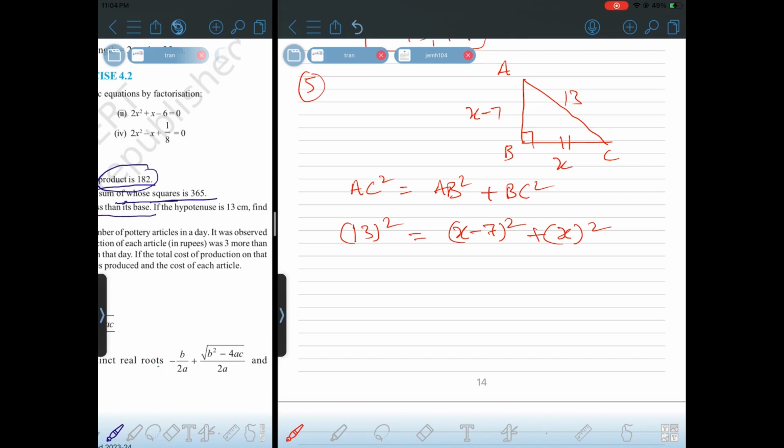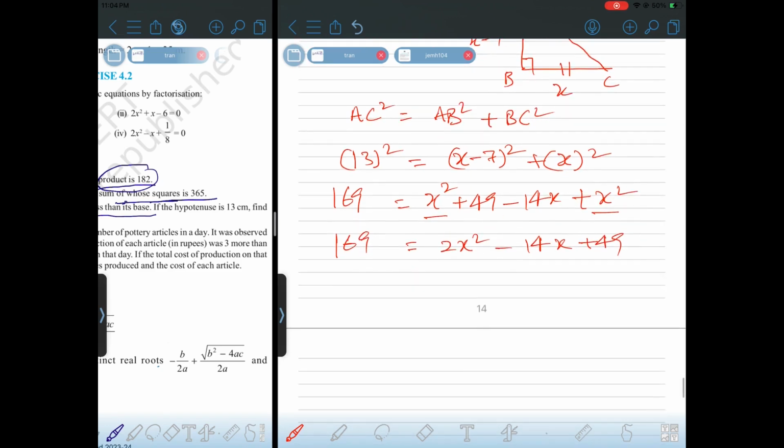So let me expand this. This becomes 169 is equal to, now expand this. The formula as we know, a square plus b square means 49 minus 2ab, which is minus 14x, plus x square. Now combine the similar terms. So x square and x square becomes 2x square, then minus 14x, and then plus 49 is equal to 169.